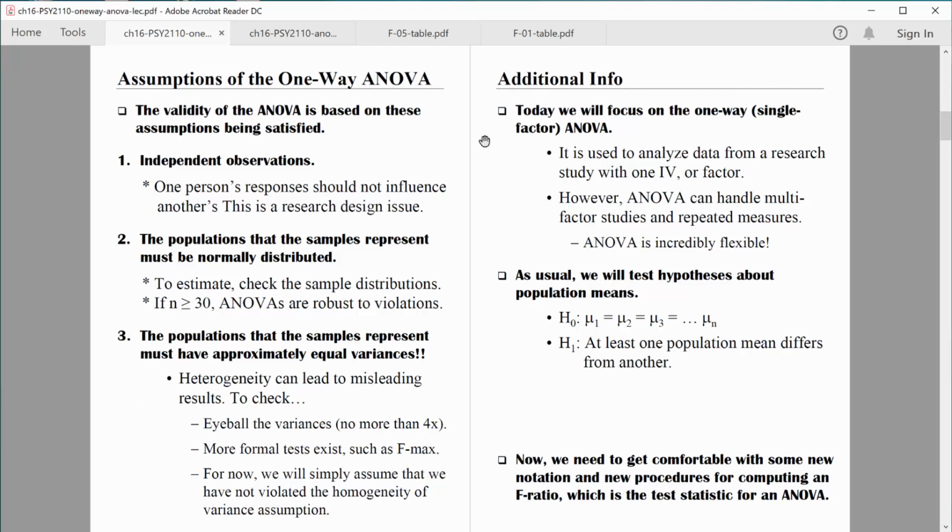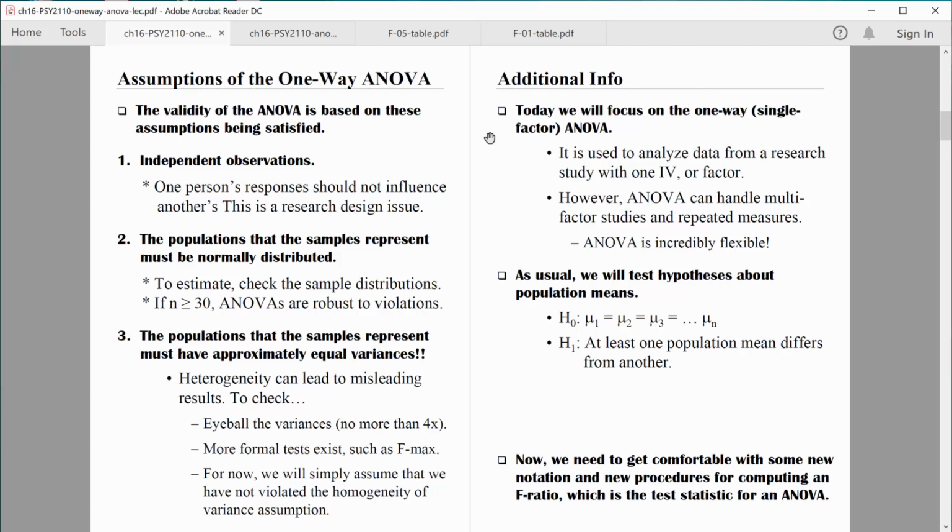I mentioned that we're going to be focusing on the one-way Anova. The one-way Anova is also called a single factor Anova. And all that means is when we use the one-way Anova, we're analyzing data that has one variable that's been manipulated, one factor that's been manipulated. So in the example that I was telling you about, the one factor is political party.